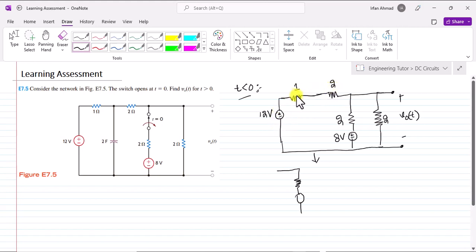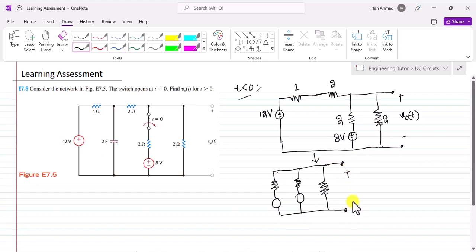So 2 plus 1 will be 3 here, and this 3 can be written like a single resistor here and a voltage source here, and at the end we have this resistor. Okay, so we have this configuration here.